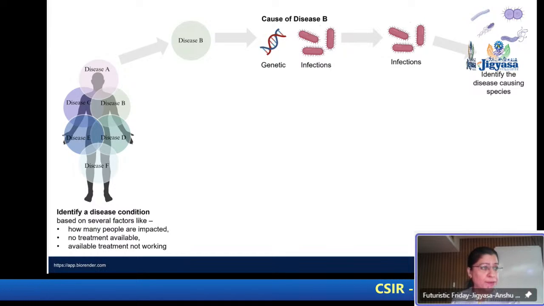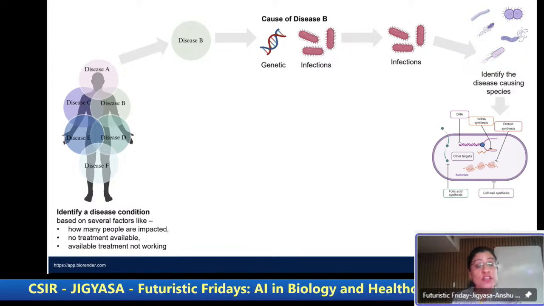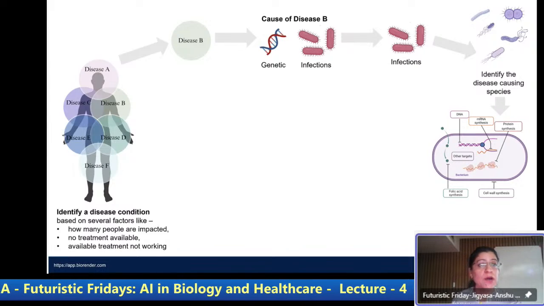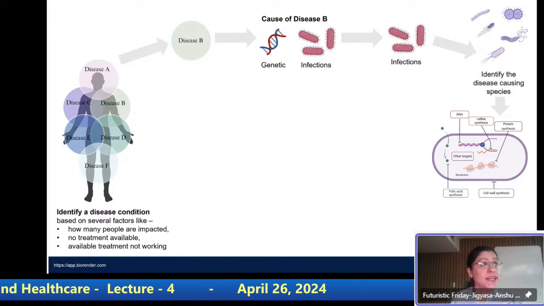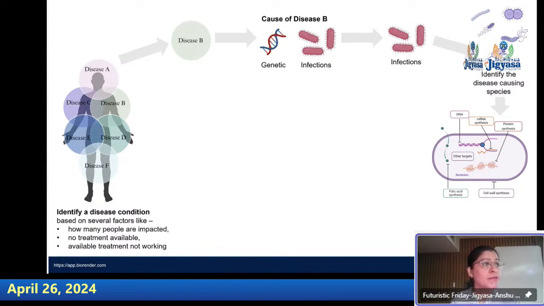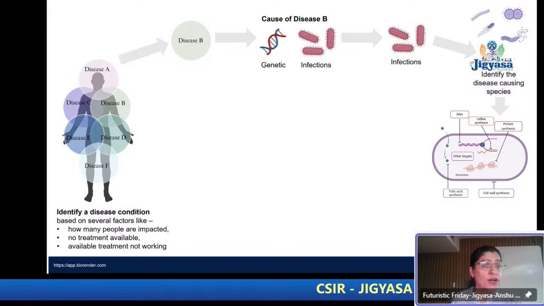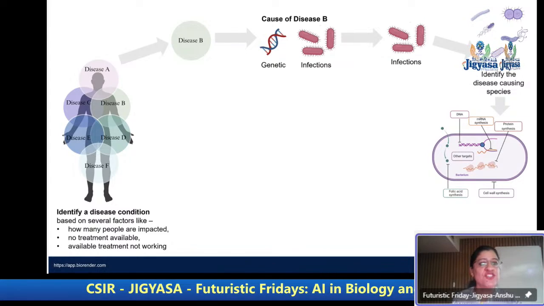You need to know what is impacting you, isn't it? And then once you have identified the cause of infection, then you find what is the weakness in that organism that you can target. So if you hit somebody on a weak spot, what will happen? Okay, let's reframe the question.